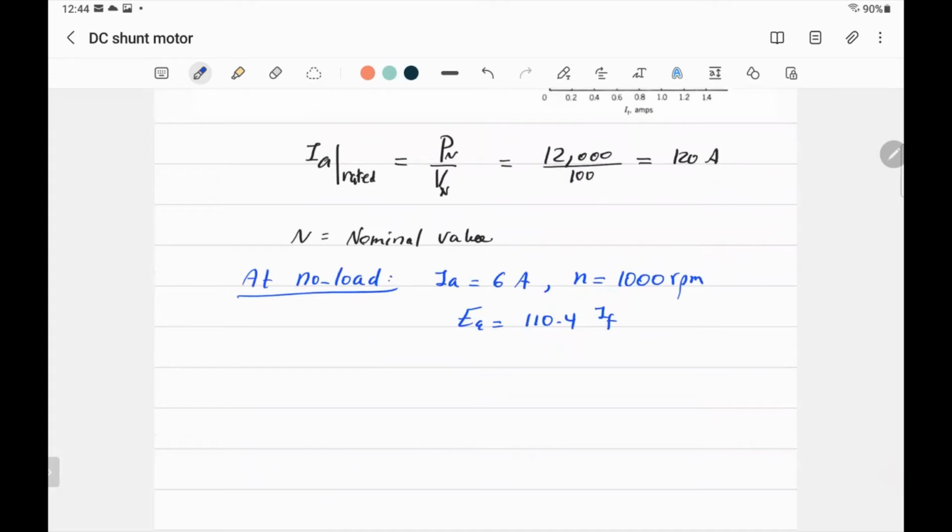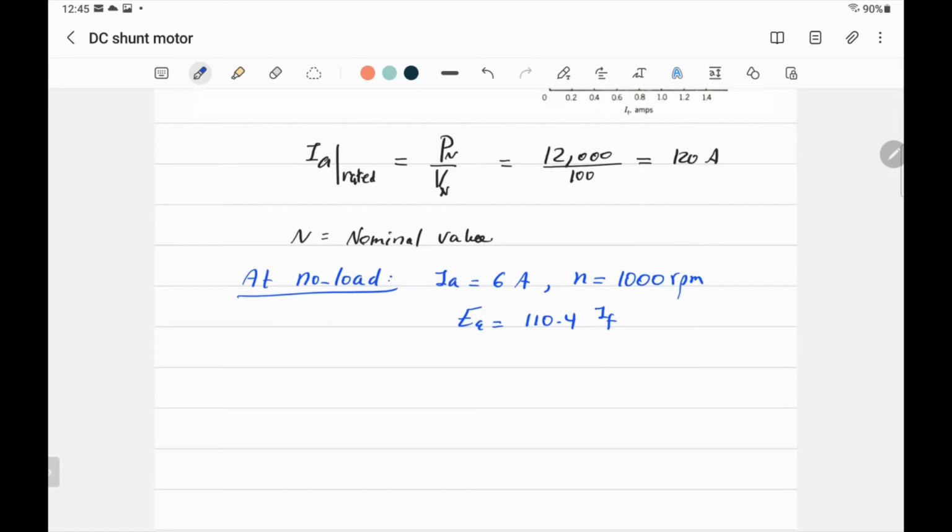I'll make sure of the constant I got from the curve, because I rounded for you to make it simple. Oh yeah, that's excellent.